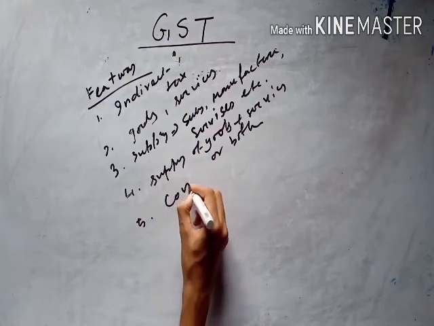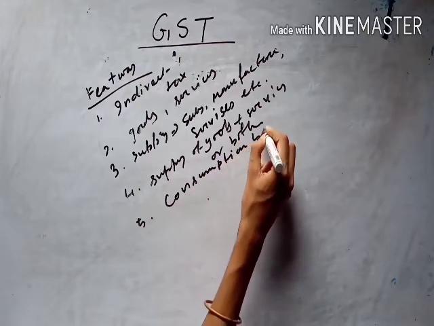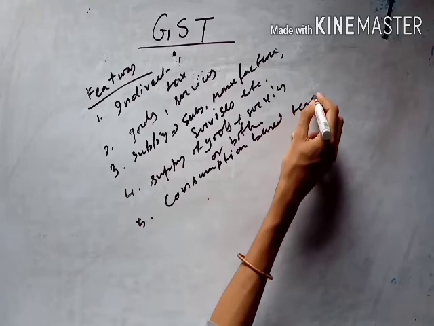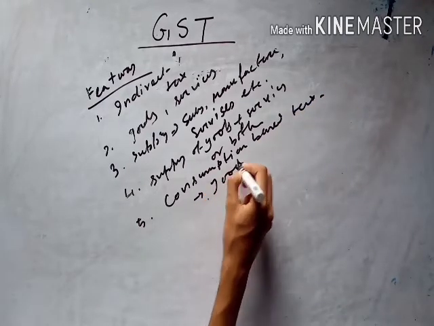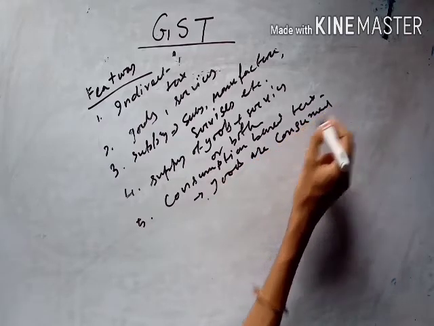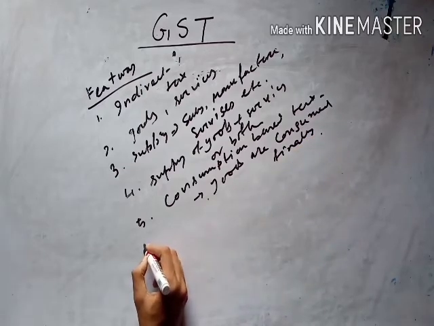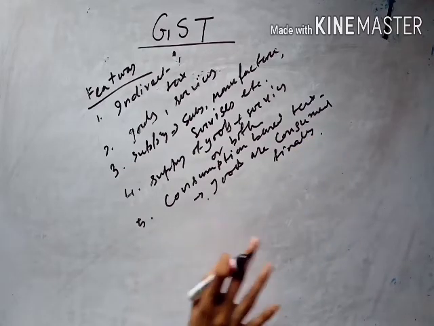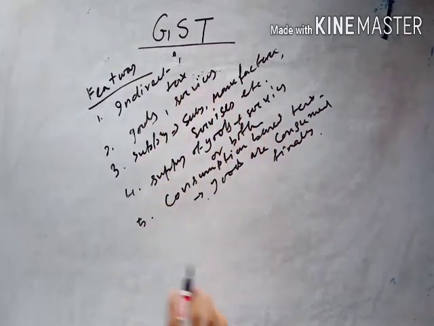It is a consumption-based tax, and the tax is paid where the goods are consumed. Finally, there are many other features. I have just mentioned the top 5 features of GST.